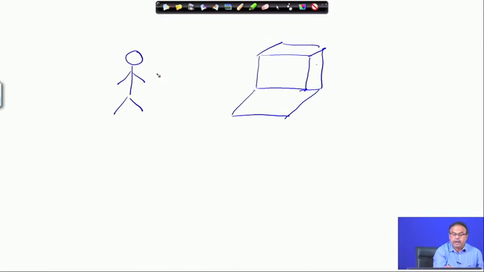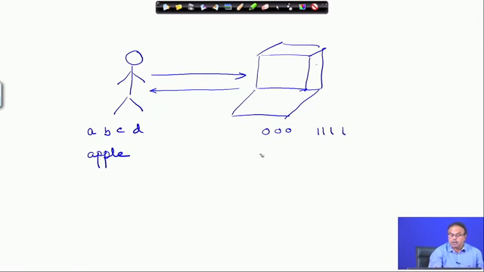Now, I have to communicate with this machine and this machine will have to communicate to me. But this machine understands its world consists of zeros and ones and my world consists of ABCDs, and with that I can say apple, but this apple to this machine is 0 1 0 1 0 0 0 1, something like that.